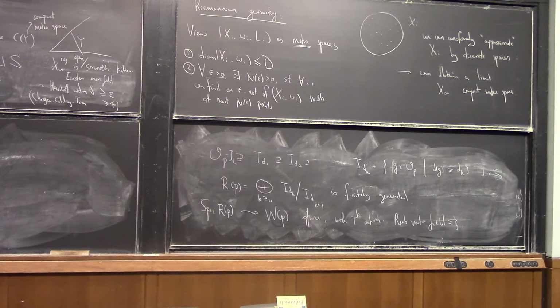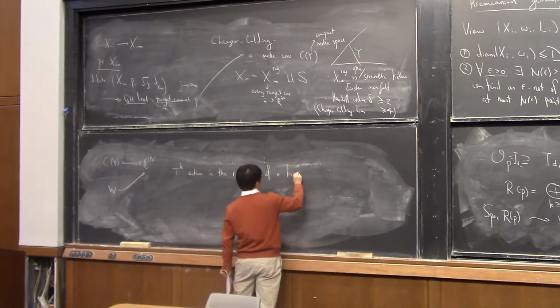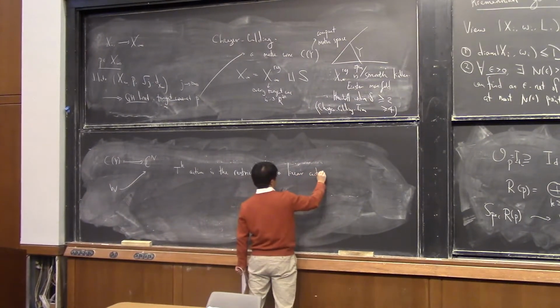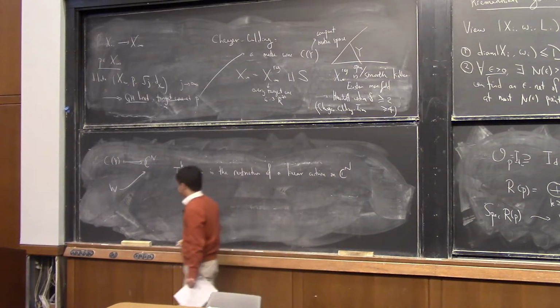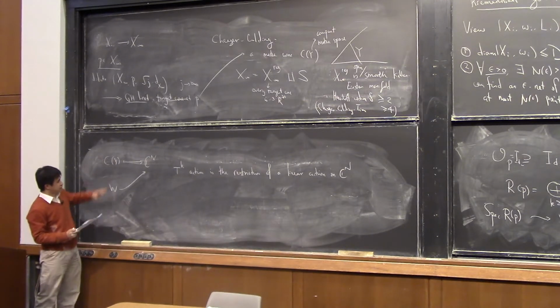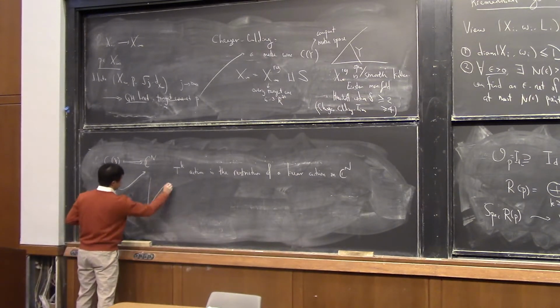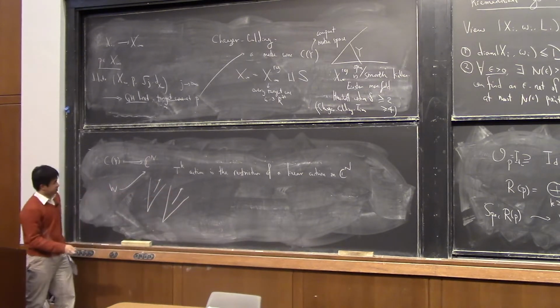So they will have the same T^k action, which is a restriction of a linear action on C^N. They are both cones, so they have the same Reeb vector field xi.